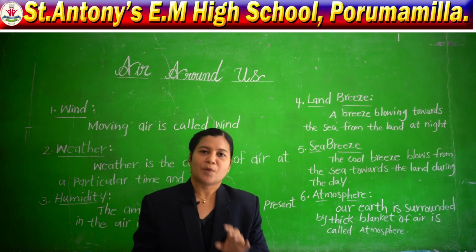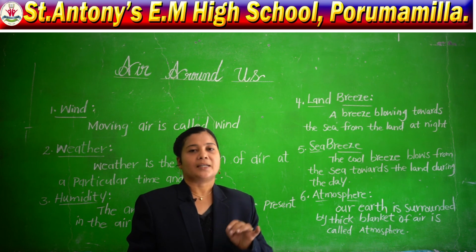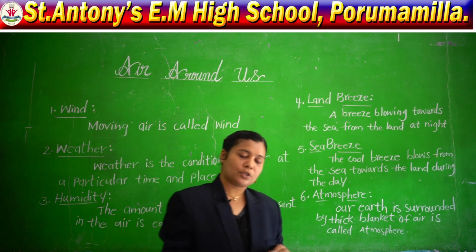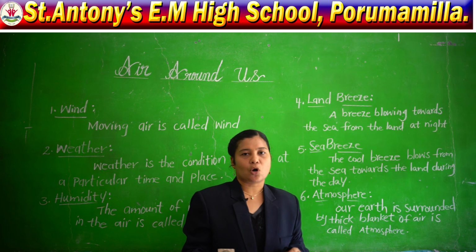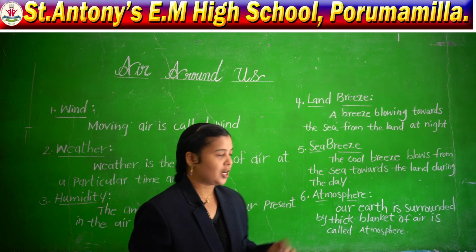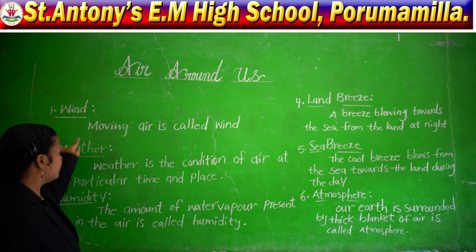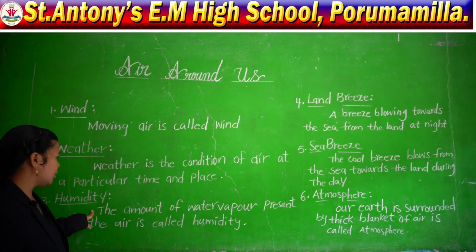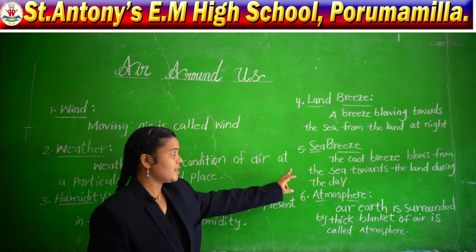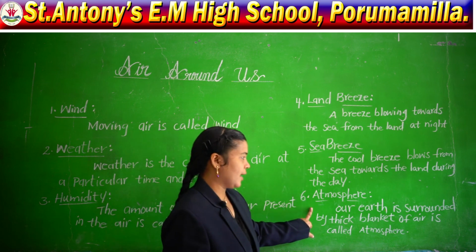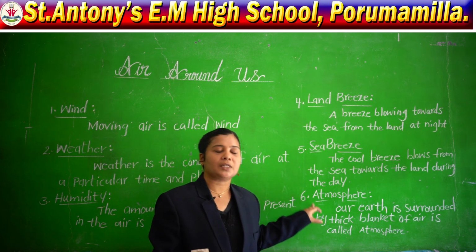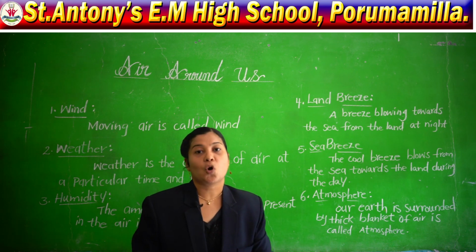So, the atmosphere held in its place by a force of the earth is called gravity. Now you understood what wind, weather, humidity, land breeze, sea breeze, atmosphere and gravity are. Moving on to the ozone layer.